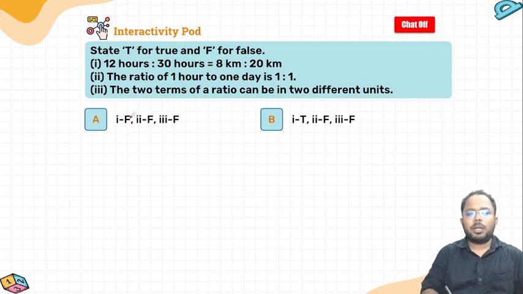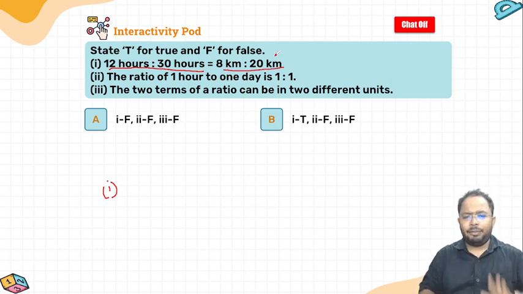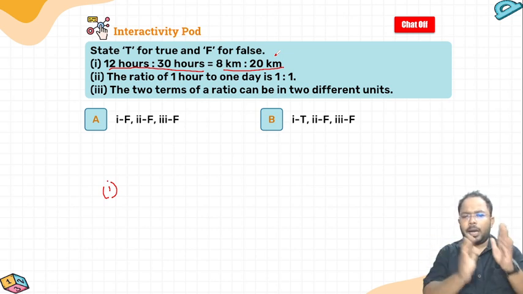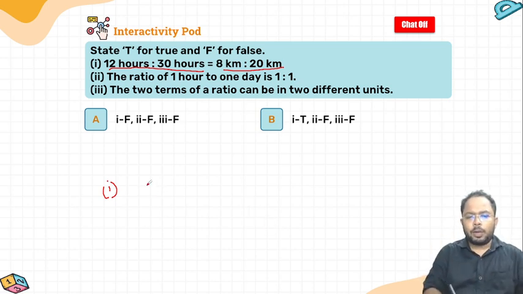First question: 12 hours is to 30 hours equal to 8 kilometers to 20 kilometers. Comparing within these two quantities is fine because they are compared between the same units, kilometers with kilometers, hours with hours. So 12 hours divided by 30.